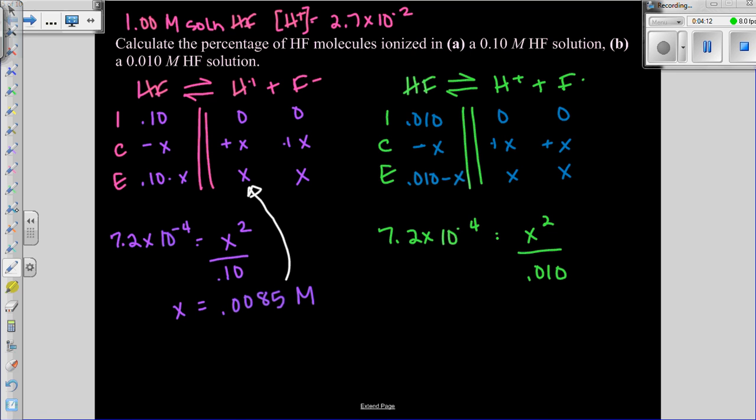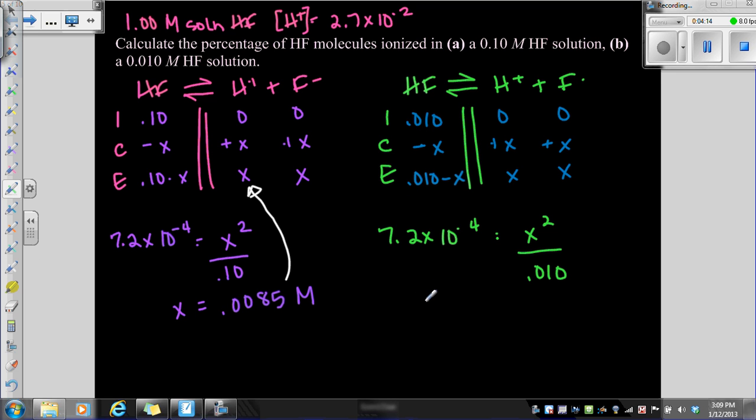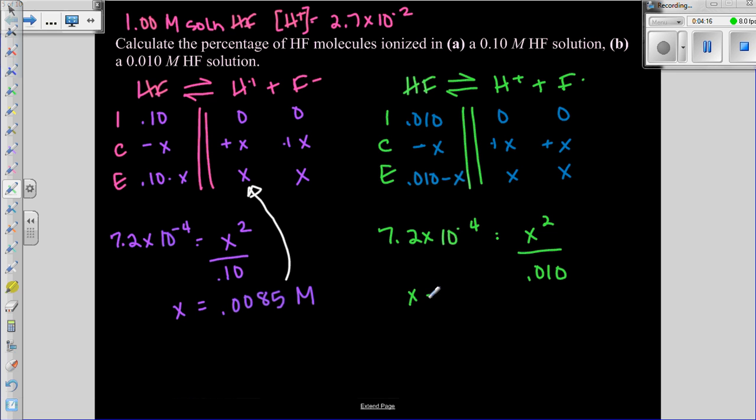Okay, I'm going to do the same math for the second example. So 7.2 times 10 to the negative 4th times 0.010. I'm going to take the square root of that quantity, and I get 0.002683 molar, which tells me the hydrogen ion concentration over here.